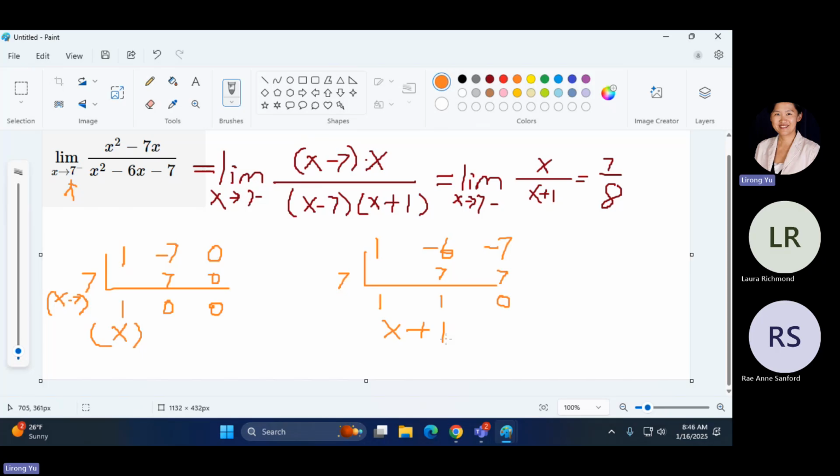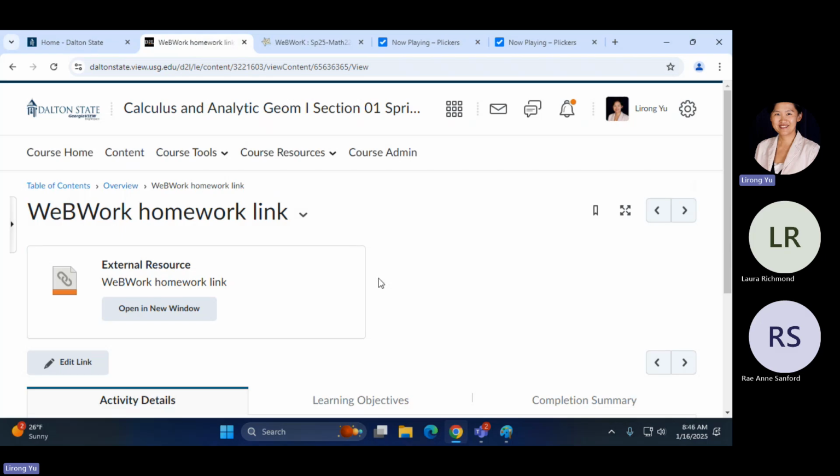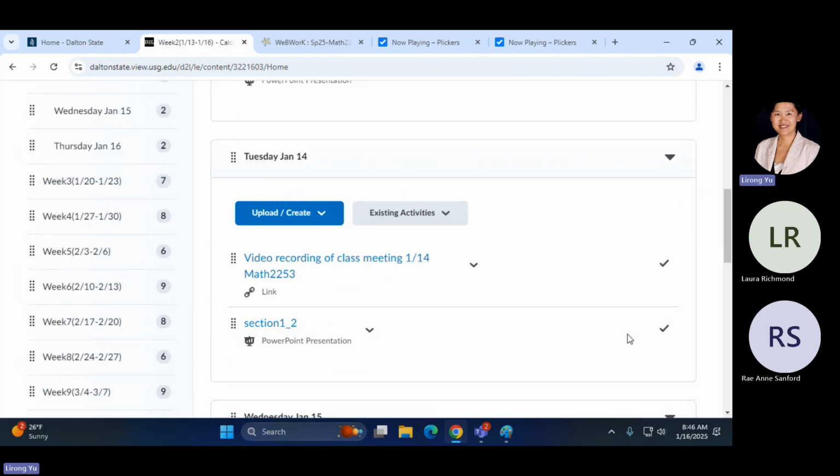All right, so that's the first 4 sections. Today we're going to start section 5. We are in sequence.